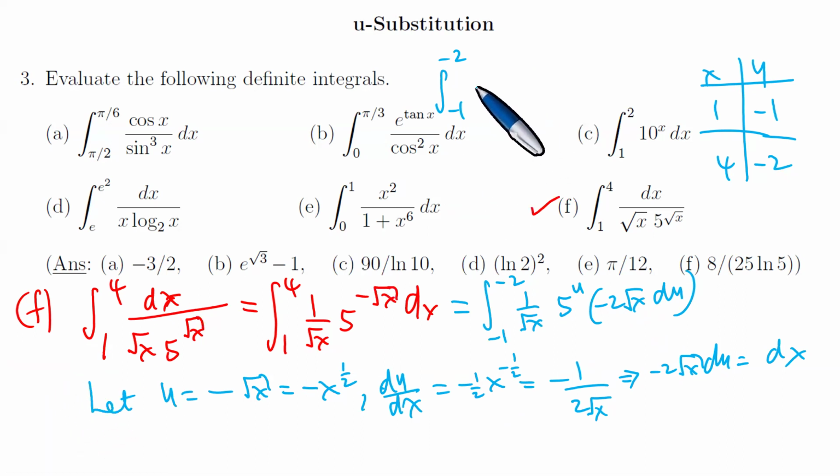Which is minus 2, 5 to the u du. The minus 2 can be taken out, and we have that.